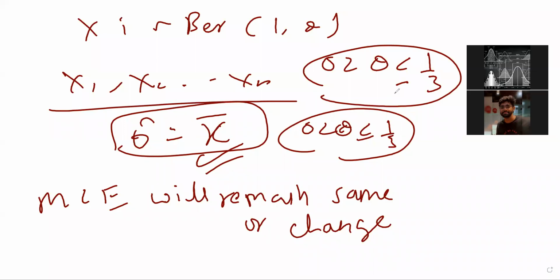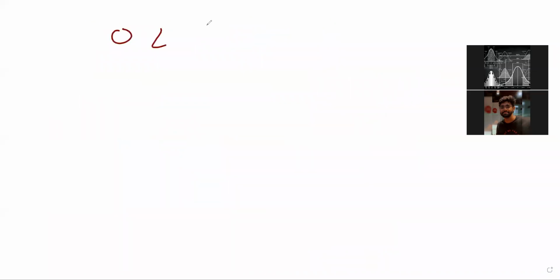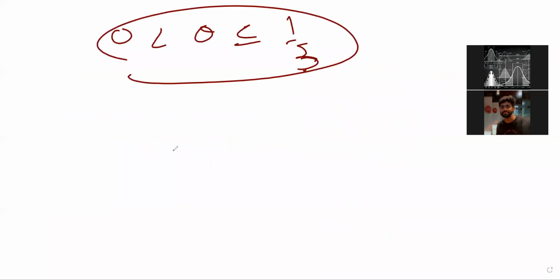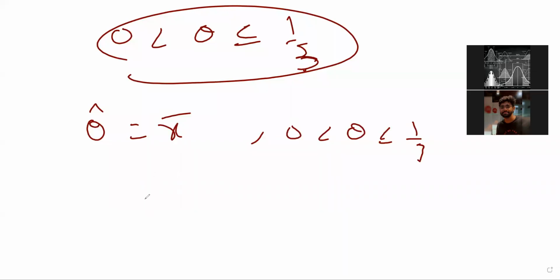So now you know what will happen. We know that theta can lie only between 0 and 1 by 3. So the MLE will be theta equal to x bar when x bar is lying between 0 and 1 by 3.